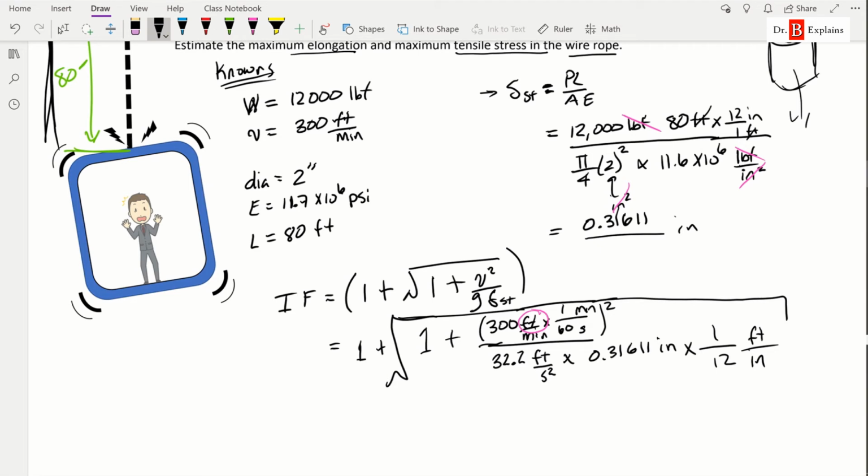So here we go. 1 plus the square root of 1 plus 300 divided by 60, that quantity squared, divided by 32.2 times 0.31611 divided by 12.